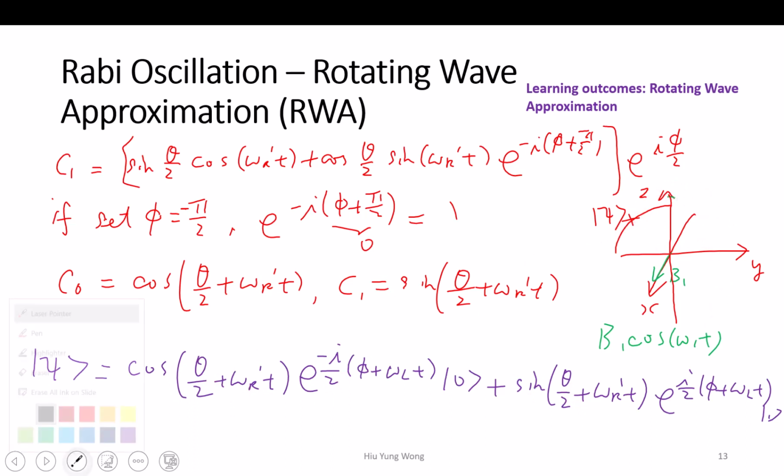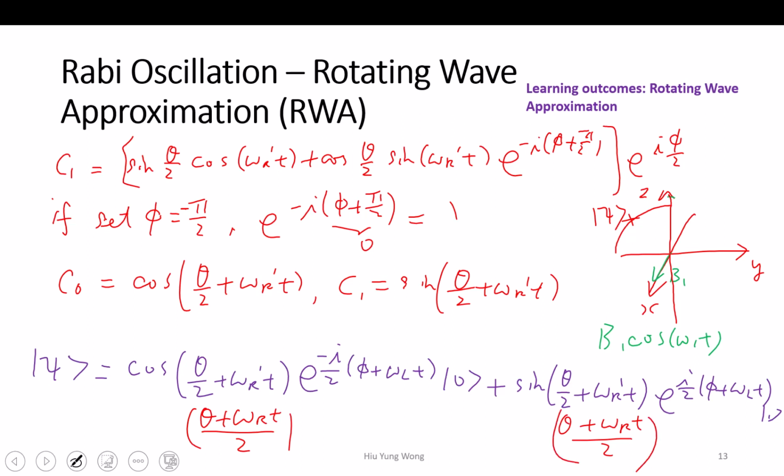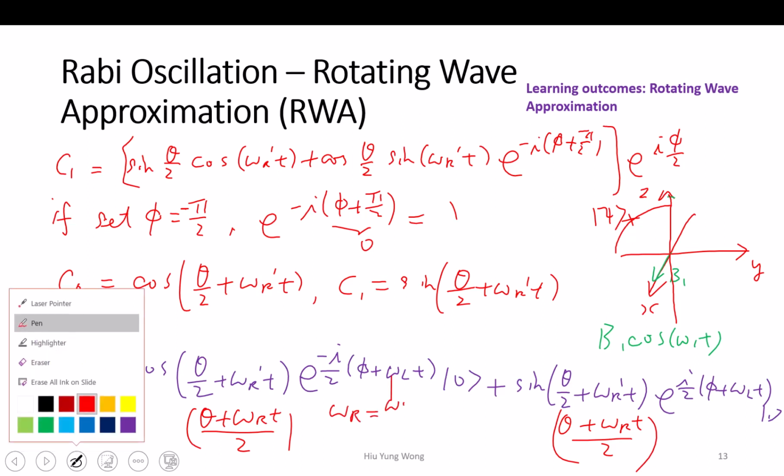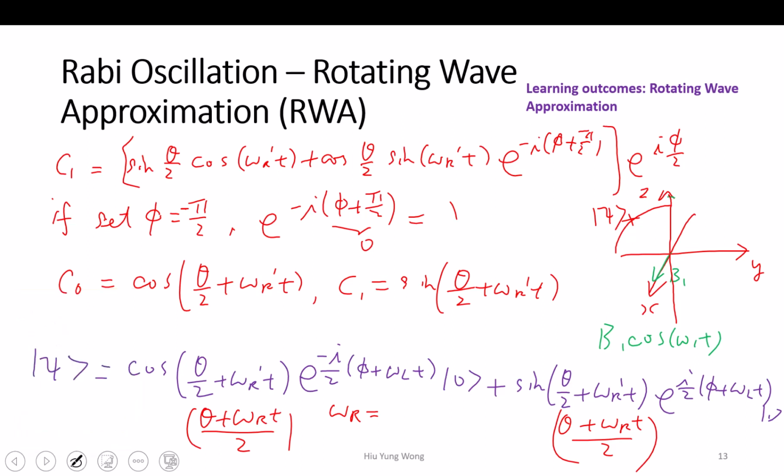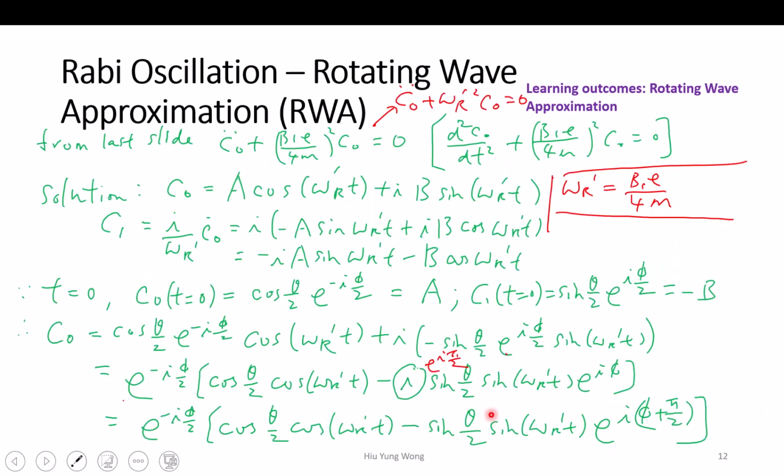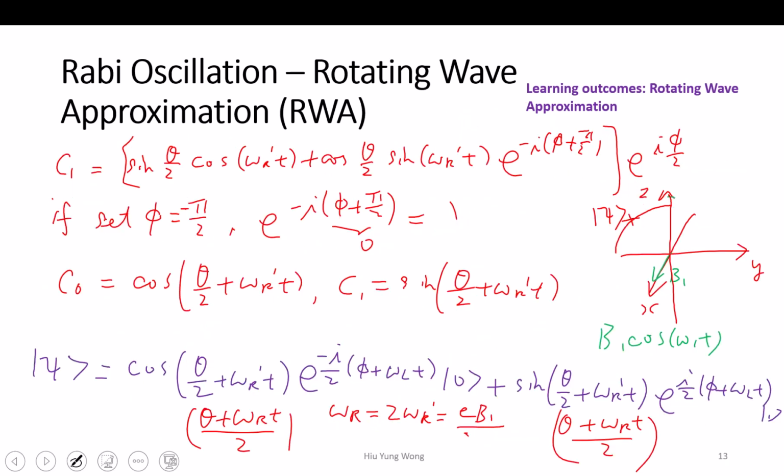Here I will further write it as theta plus omega r t, divided by 2, with omega r equal to 2 omega r dash, which is E B1 divided by 4m, here divided by 2m.